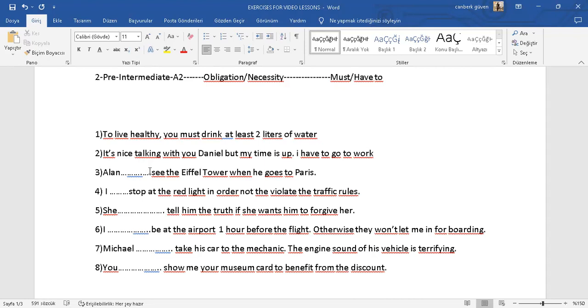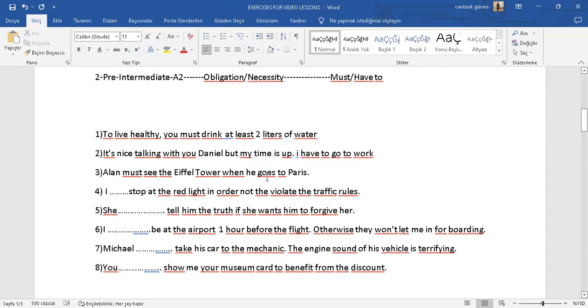I don't think so. It's a strong recommendation to see the Eiffel Tower, but he will not just end up in prison, right? For not seeing the Eiffel Tower. Here it should be must: Alan must see the Eiffel Tower when he goes to Paris. As you see, it's a strong piece of advice.